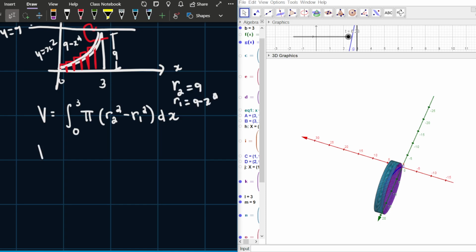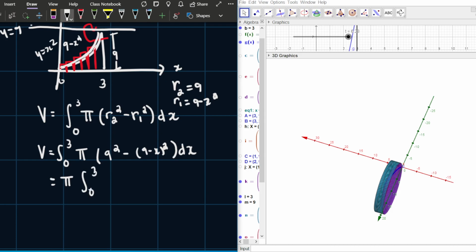So, if we substitute, this would be the definite integral from 0 to 3 ng pi times 9 squared minus 9 minus x squared, all squared, dx. I simplify pi times the integral from 0 to 3 ng 81 minus quantity 81 minus 18x squared.